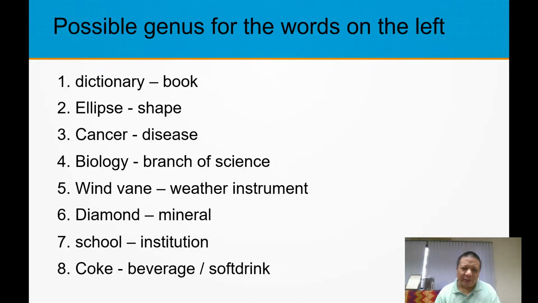Cancer, the genus of cancer could be disease. Biology is a branch of science. Or the genus to which it belongs is weather instrument. Diamond is a mineral. School is an institution. And Coke, the genus for that could be beverage or soft drink.